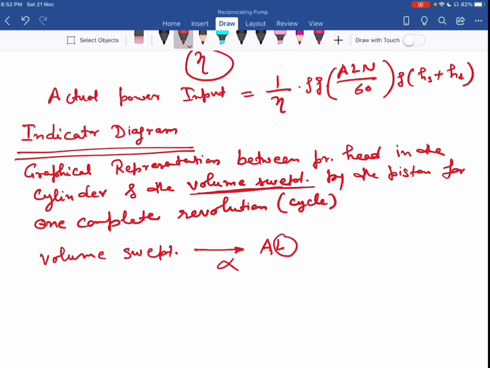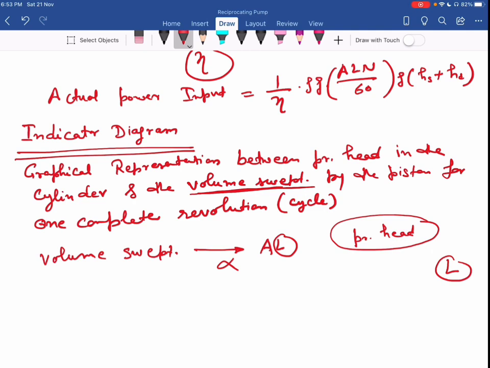Or you can also say the indicator diagram we can draw with the pressure head on one side and the stroke length on the other side. So a graphical diagram between these two we can also call the indicator diagram. Again, that diagram is for one cycle or one complete revolution of the crank.